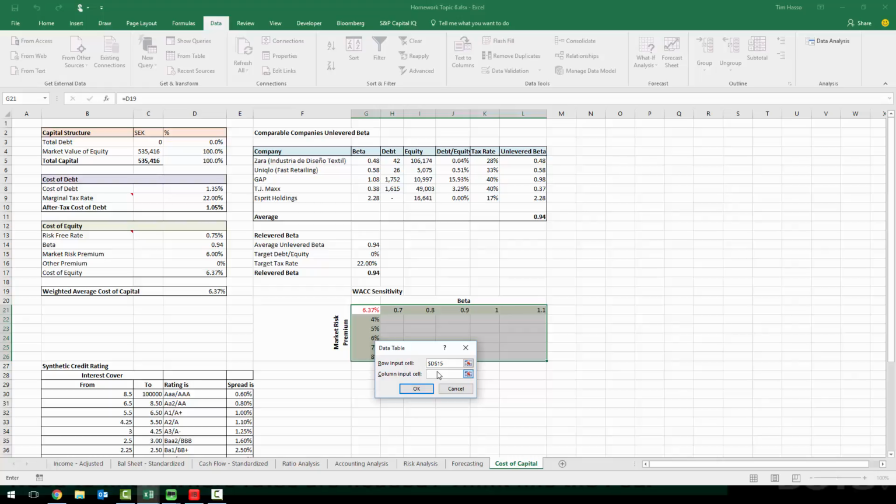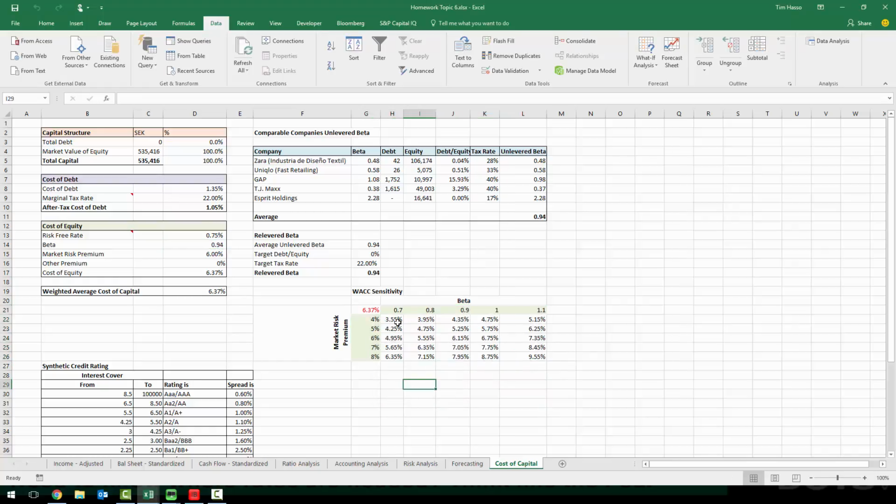The column input cell is our beta, which is located in D14. Once I've done that, I just click OK, and it calculates the WACC for me based on the sensitivity. For example, if beta was 0.7 and the market risk premium was 4%, then the WACC would be 3.55%, and so on.